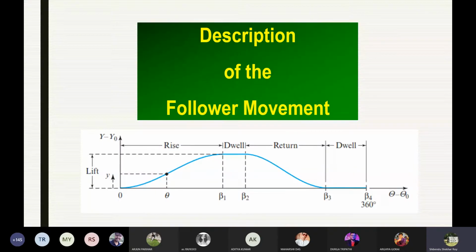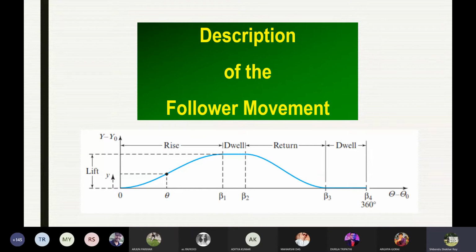Now in kinematics, the important thing is the follower movement, because the cam is continuously rotating. If it is a rotary cam, it rotates; if it is a translatory cam, it translates. The follower has to follow a desired motion characteristic to serve a certain purpose.